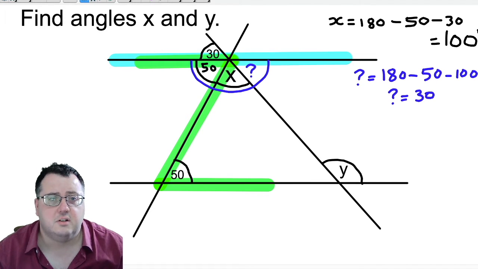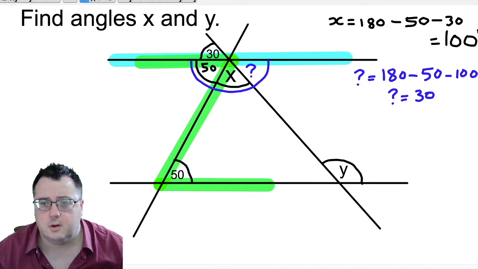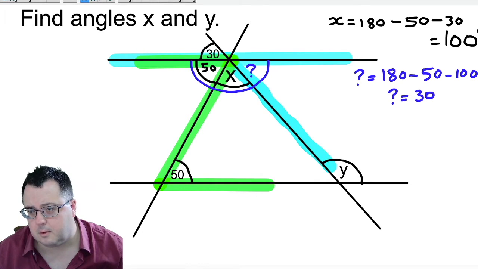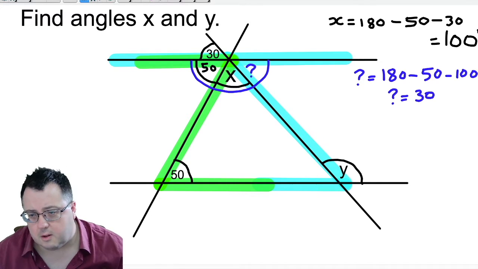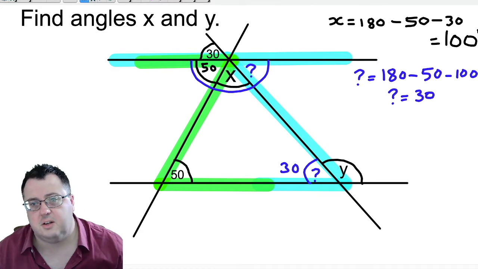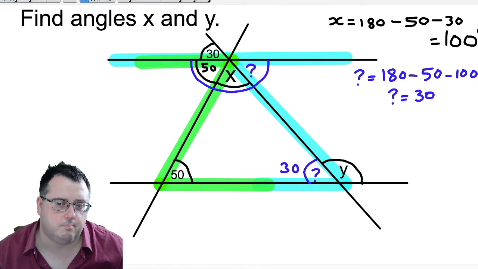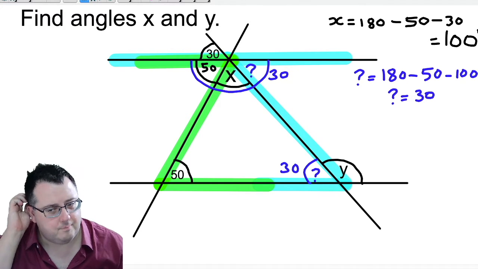Alright, so going back to my highlighter pen, I've got the top of a Z copied in, and here is the bottom of a Z. So you should see that this angle here is also going to be 30, because it's an alternate angle, backwards Z, they're both going to be the same, they're both going to be 30.